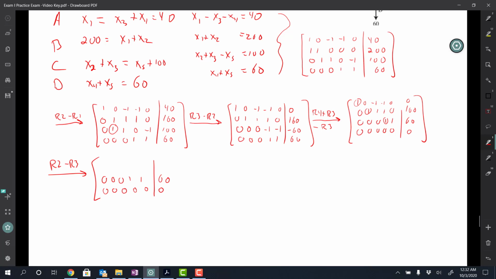Then row 2 minus row 3 is going to give me 0, 1, 1, 0, negative 1, 160 minus 60 is 100. And then I'm also going to take row 1 plus row 3 to give me 1, 0, negative 1, 0, 1, and 0 plus 60.